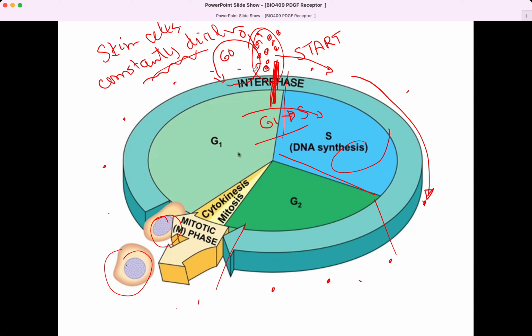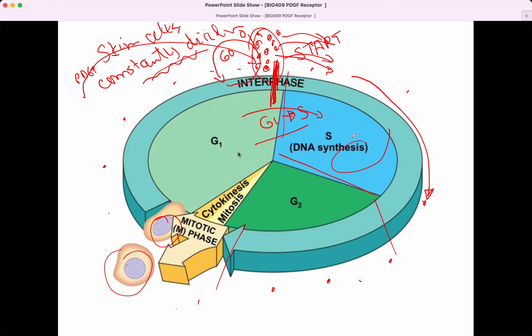Under a scab, we want to increase the cell cycle rate. And so it's not that the cells go through the cell cycle faster, it's the cells under a scab get released from start more frequently, and it's because of PDGF. So that's going to be our cellular response to PDGF, is that the skin cells are going to go through the start more frequently.